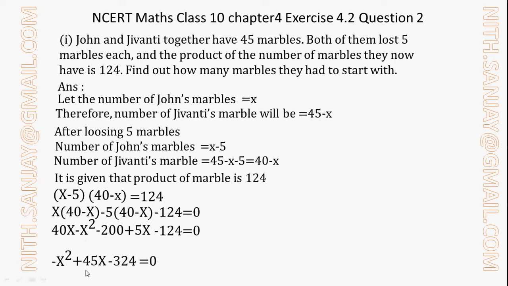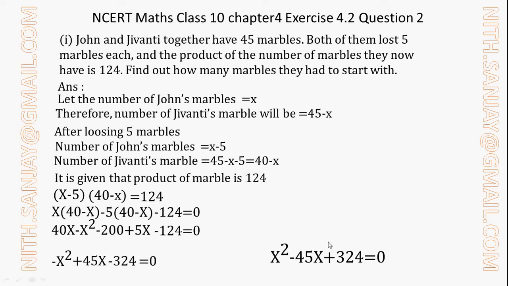This is equal to 0. Now I will multiply both sides of this equation by minus 1, so that I could get rid of this minus sign. Then I will get this equation, because minus x square will become plus x square, plus 45x will become minus 45x, and minus 324 will become plus 324.